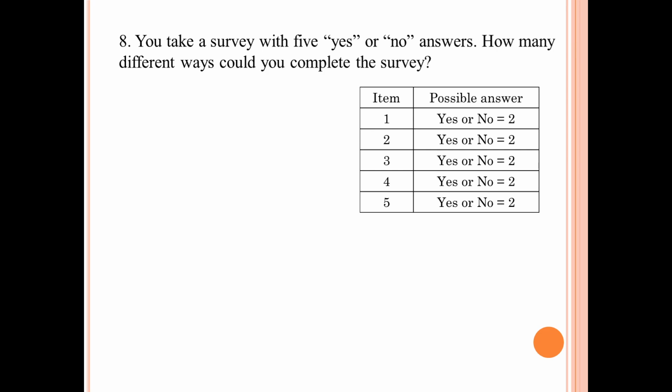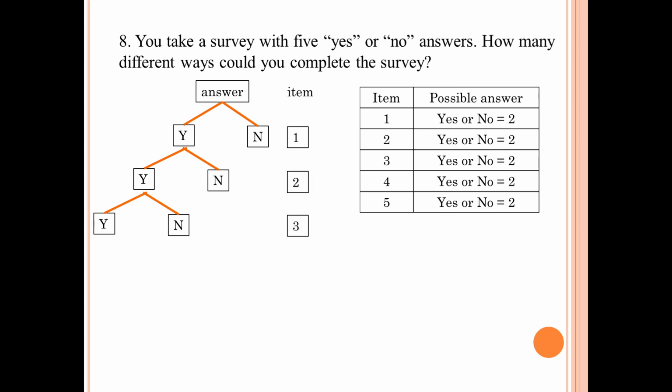Let us express it in a diagram. In item 1, the possible answer is either yes or no. That is 2. On the second item, we can yes, no, yes, no. So it becomes 4. On the third item, yes, no, yes, no, yes, no, yes, no. That is 8.